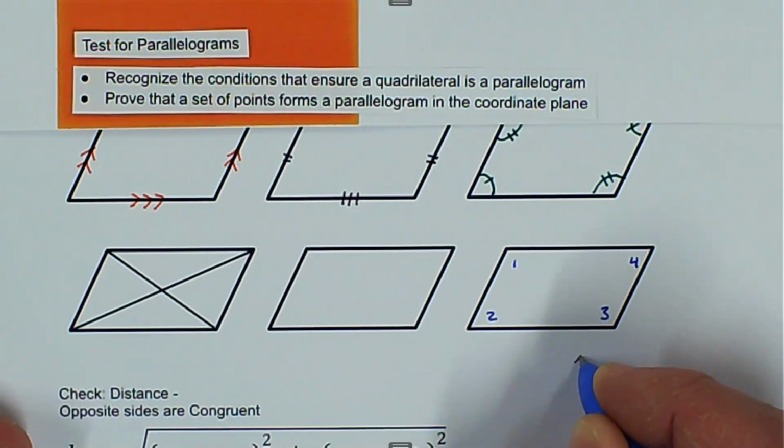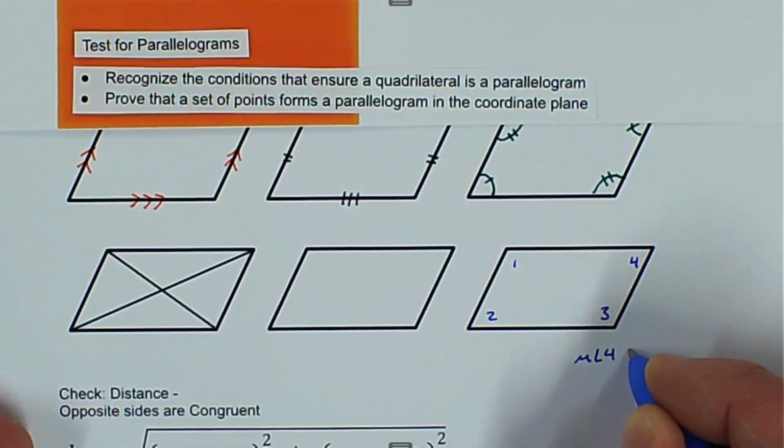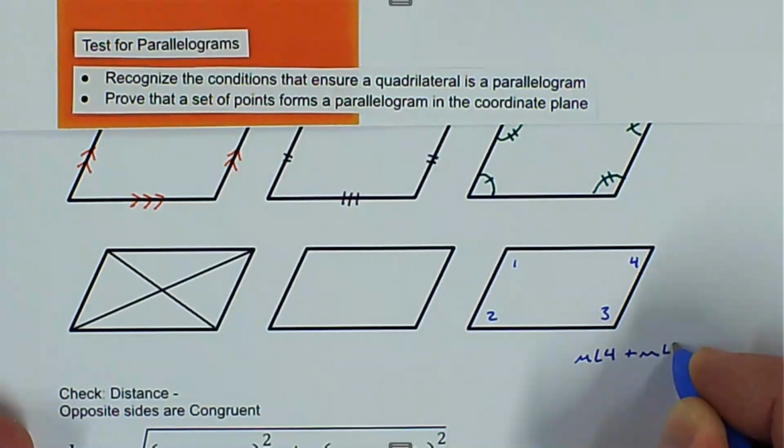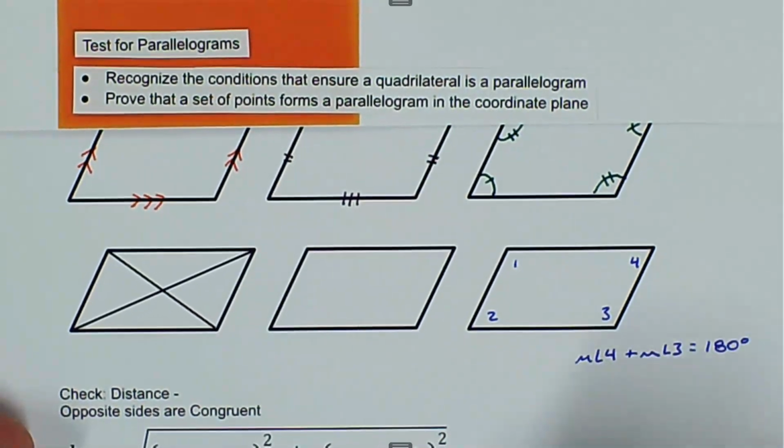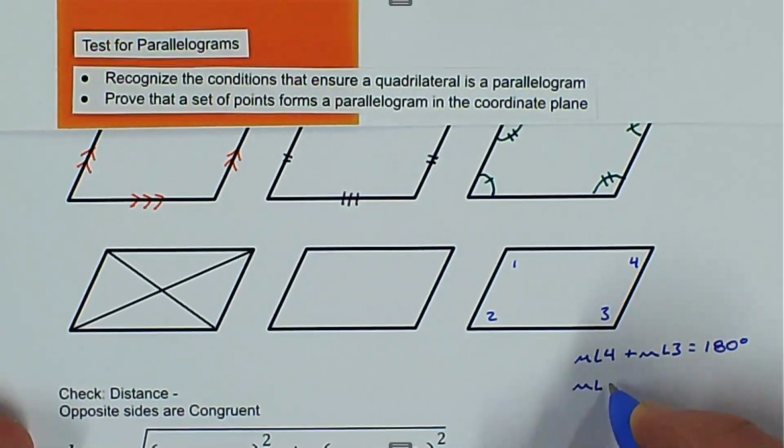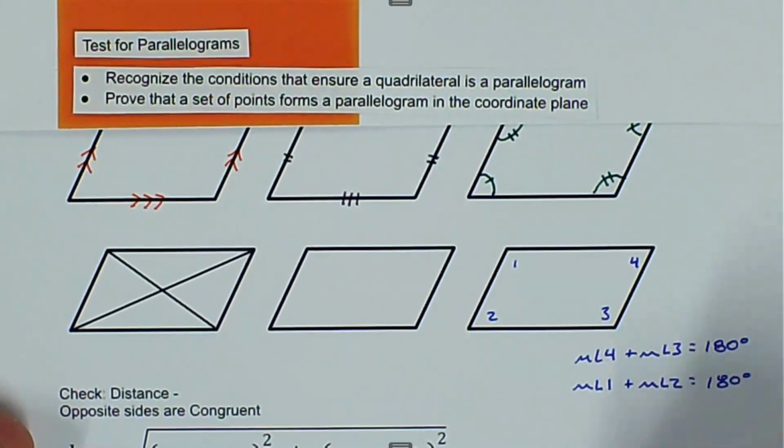So we could say the measure of angle 4 plus the measure of angle 3 is equal to 180 degrees. And then we could say the measure of angle 1 plus the measure of angle 2 is equal to 180 degrees.